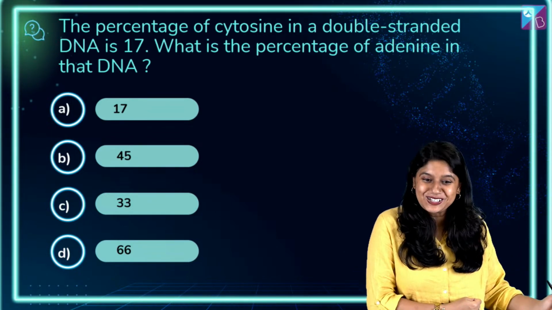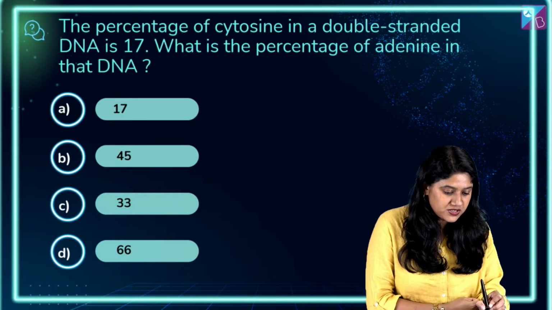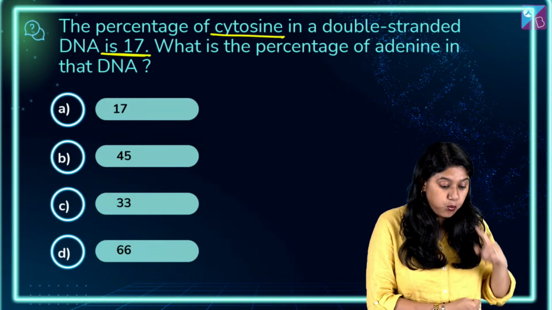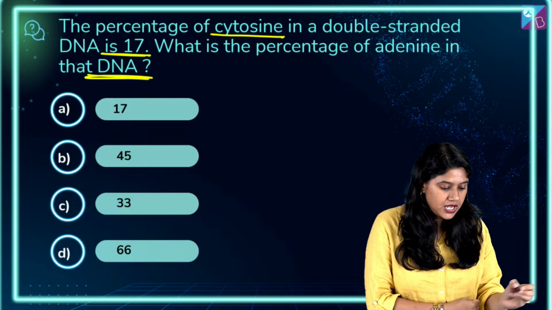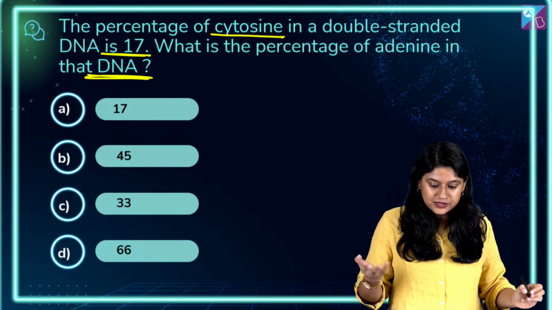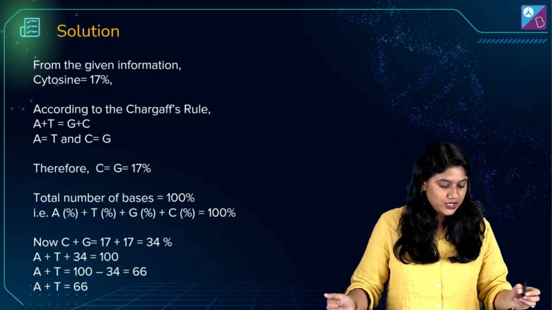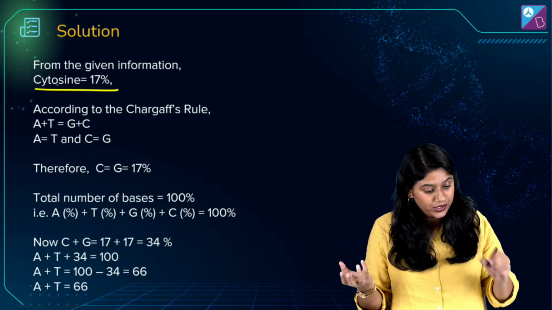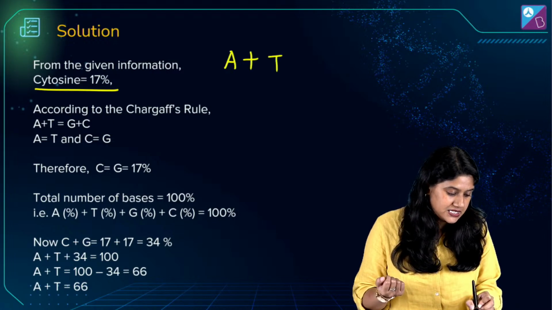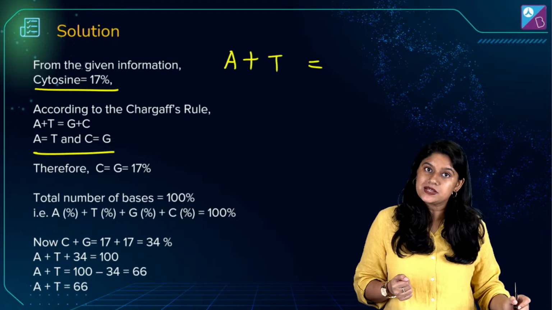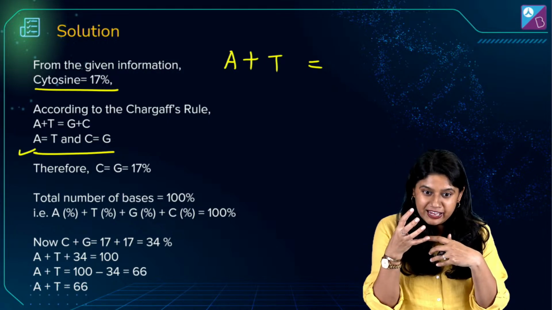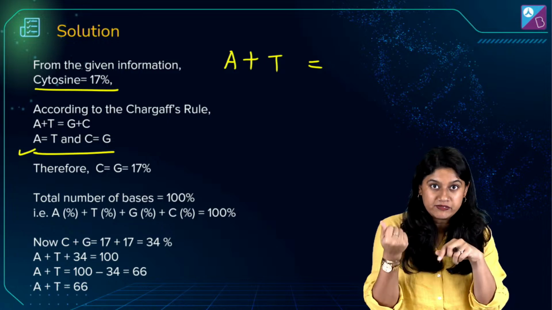So let's quickly take a look at the answer. We talked about the percentage of cytosine in a double stranded DNA being 17. What is the percentage of adenine in DNA? Let's see the solution. We know that cytosine is 17%. We know that A plus T is equal to G plus C, and of course A is equal to T. If A is 120, T will be 120.